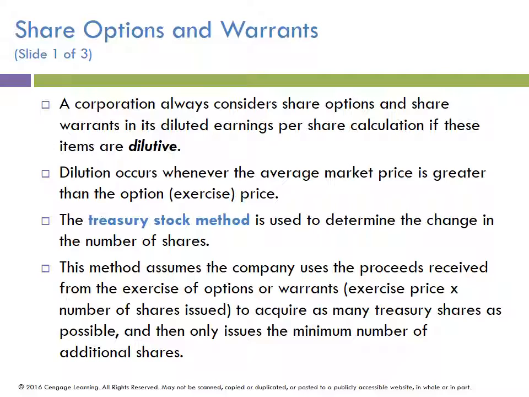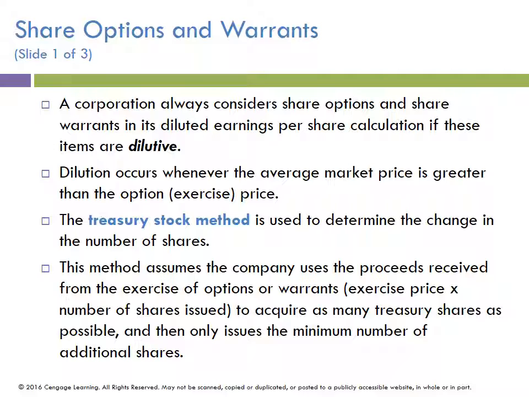We use what's called the treasury stock method when determining the effect on earnings per share. And here's what it says. The first thing we assume is that the company receives the money from the holder of the option, and the holder gets common stock.